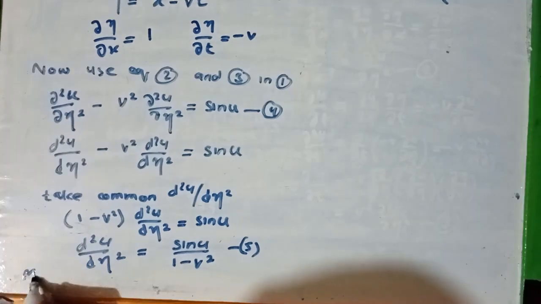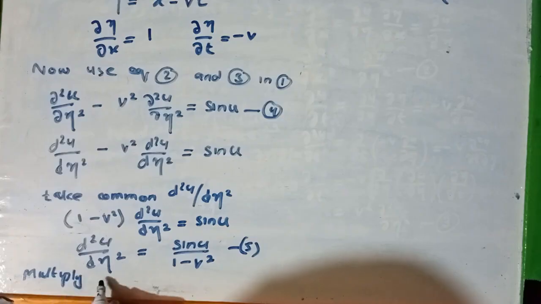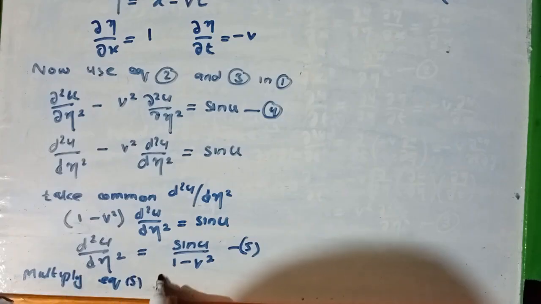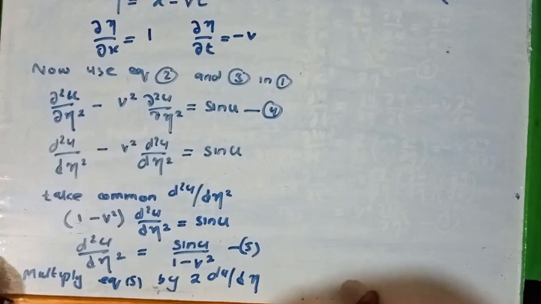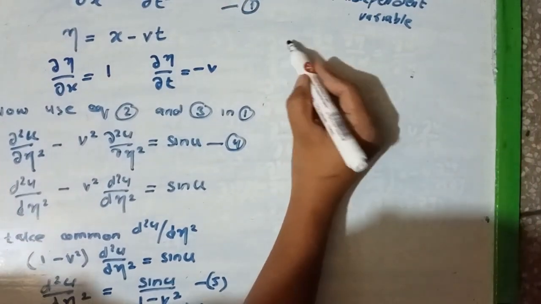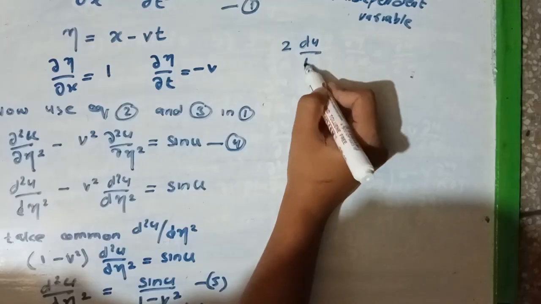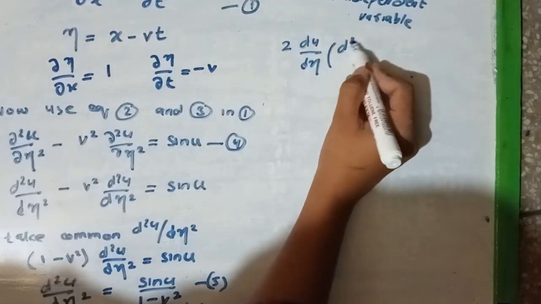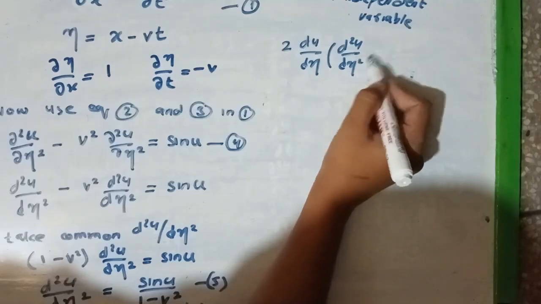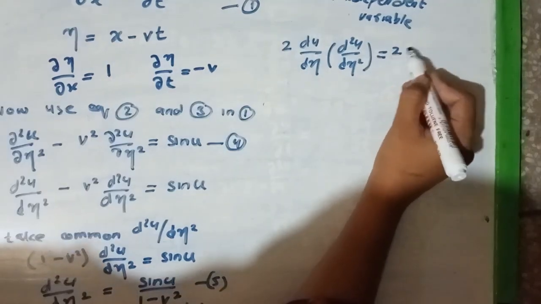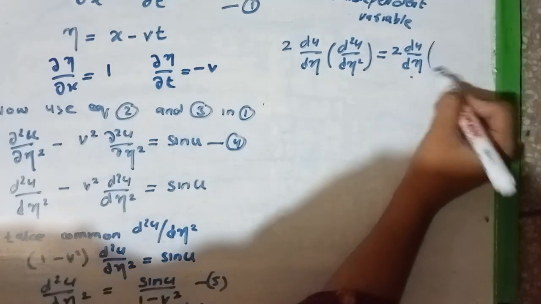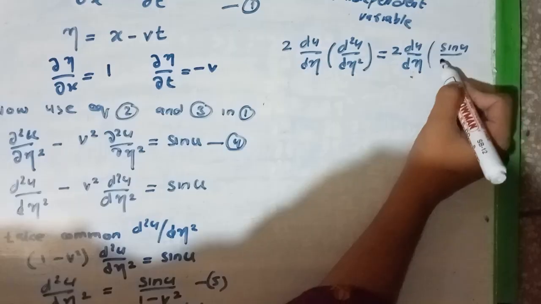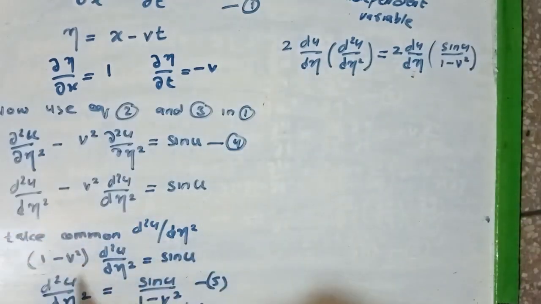Now multiply equation 5 by 2 du/dη. So equation 5 becomes 2 du/dη multiplied by d²u/dη² is equal to 2 du/dη multiplied by sin u over (1 − v²).